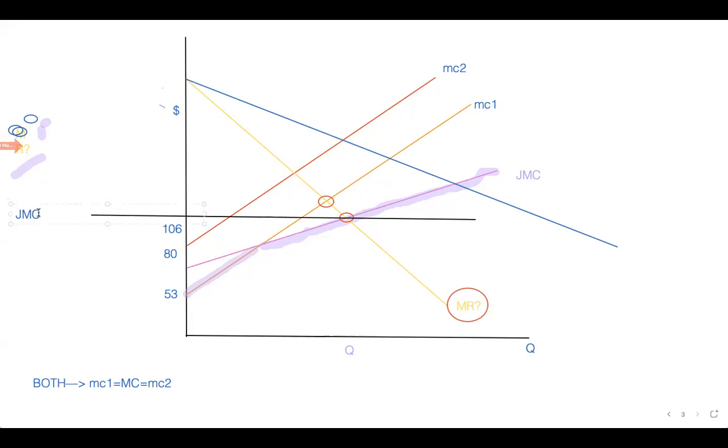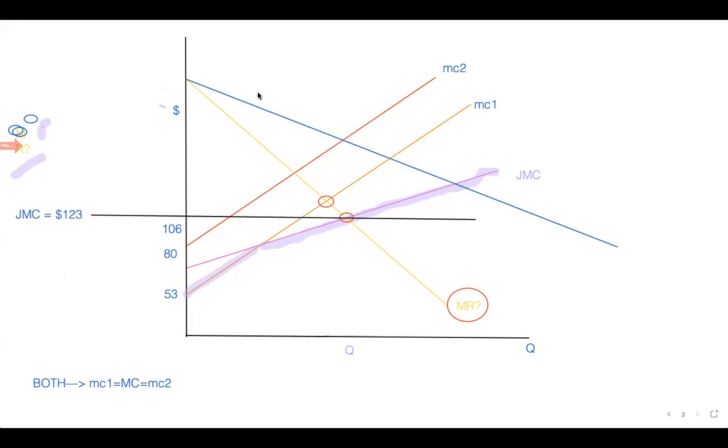Let's just say it's $123. So when both of these firms are producing, they're producing at $123 in terms of marginal cost for each of them. And that gives them a joint output level that's equal to this purple Q.